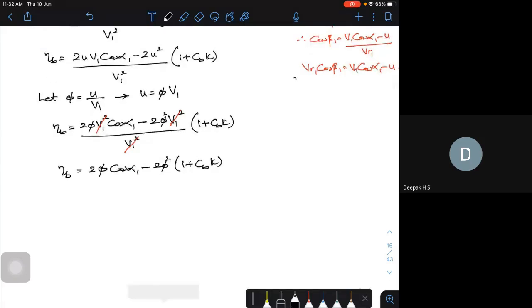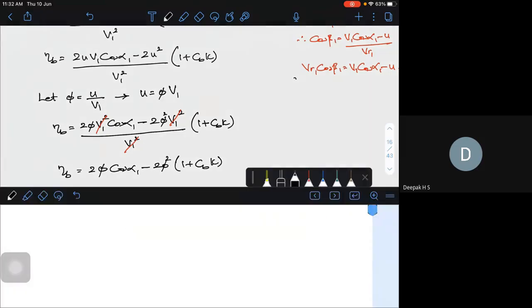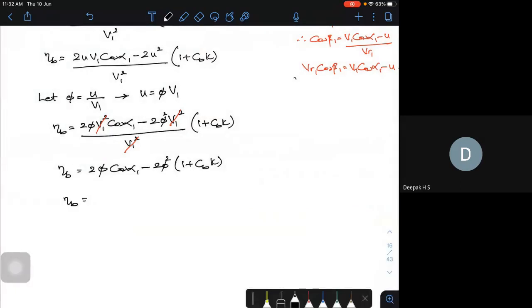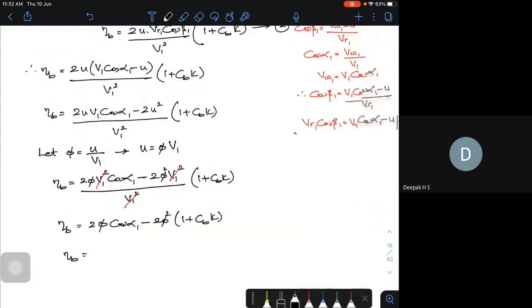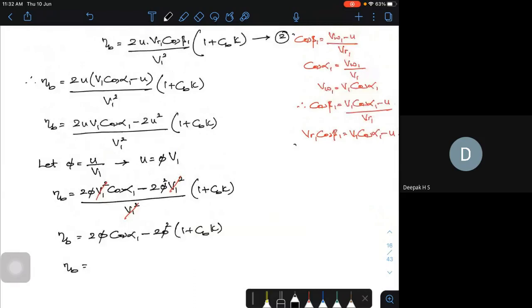So I can write the blade efficiency is equal to 2 into cos alpha, if I take phi outside. 2 into U into V1 by V1 square, that's fine.